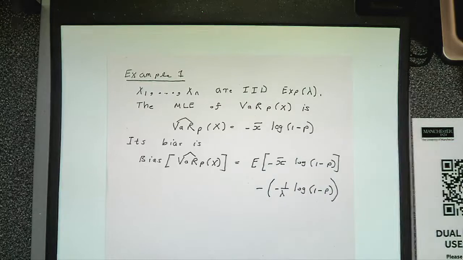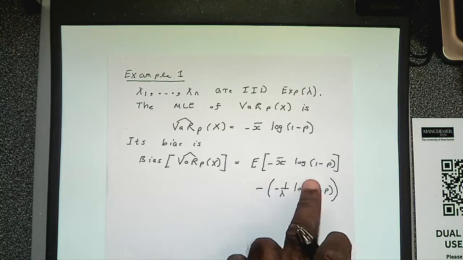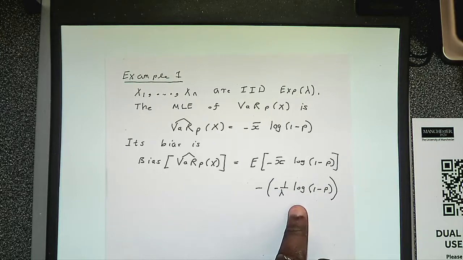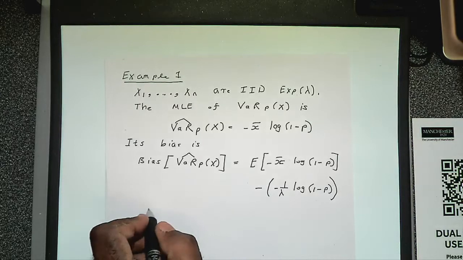You see what I'm doing. It's the expected value of the estimator, which is this one, minus the parameter, the thing that you're trying to estimate, which is this one.